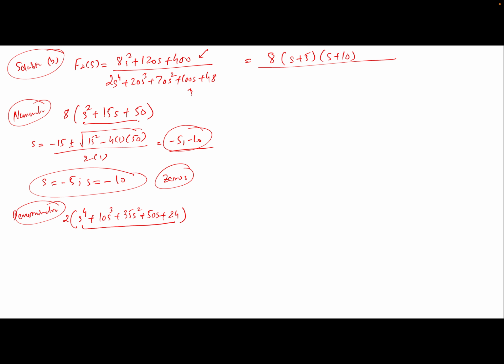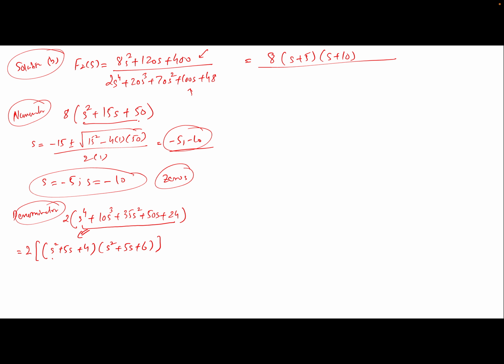Now let's start with solving this s to the power 4 equation, and we can potentially solve that by getting 2 quadratic equations. So I'm going to get 2, and then 2 quadratic equations, which are s squared plus 5s plus 4 and s squared plus 5s plus 6.